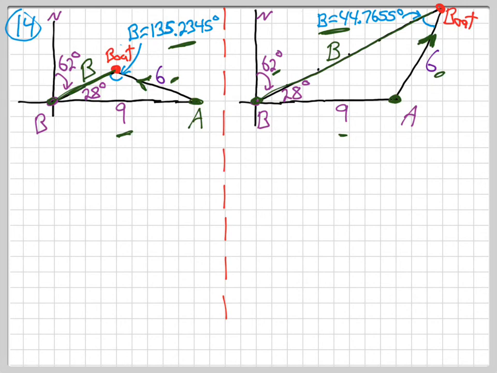Well, what we basically have to do now is find the 3rd angle right there by subtracting from 180, don't we? So let me get rid of these extra marks. If I take 180, because every triangle holds 180, minus 28 and minus 135.2345 degrees, I'll get angle A there.